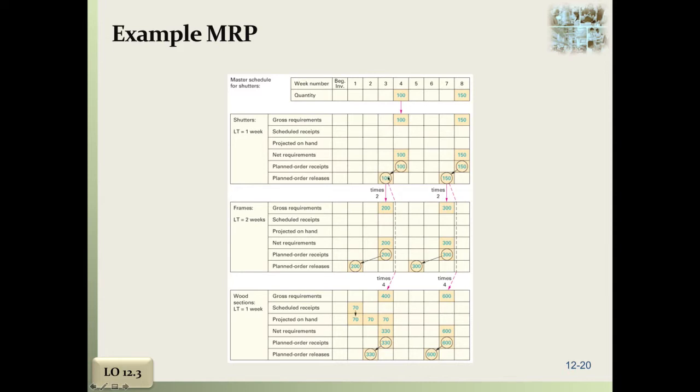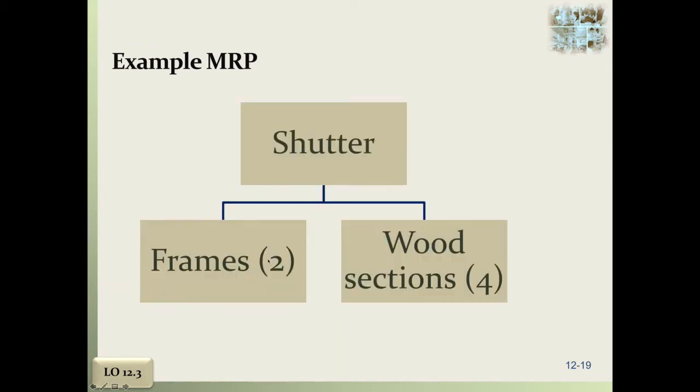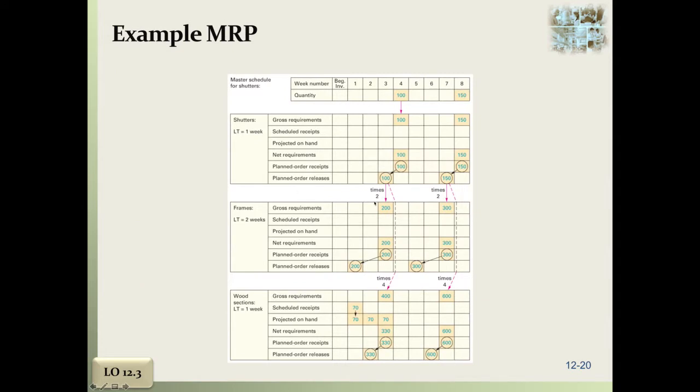Okay, so to make the frames, I'm going to take the 100 shutters that I need, and I need 2 frames for each shutter. So that's going to be 200 pieces. So that's my 200 requirement. If we go back to this page here, see 2 frames. So I need 2 pieces of frames to make the shutter. So I need 2 frames, that's going to be 200. And so I need them on week 3 so that I can give them to the people assembling the shutters so that they have a week to make them.